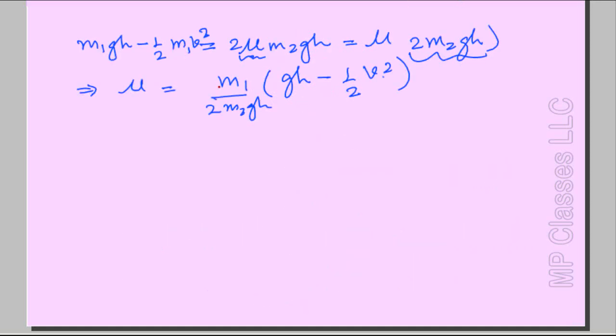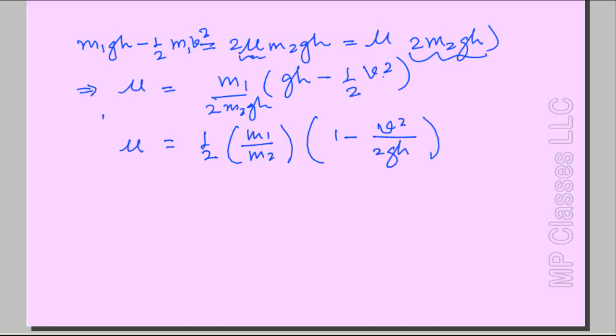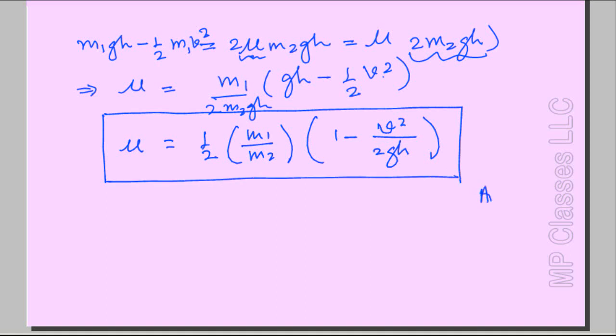So now the further simplification can be done, and so we have mu equals 1/2 M1 over M2, and this gh in the denominator can be sent in the parenthesis, so gh over gh is 1 minus v square over 2gh, and then this is what is asked actually, and that's the answer.